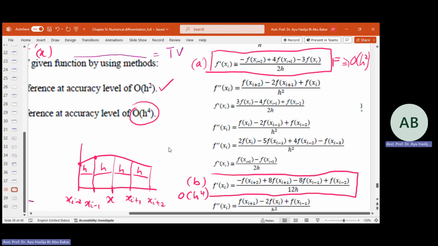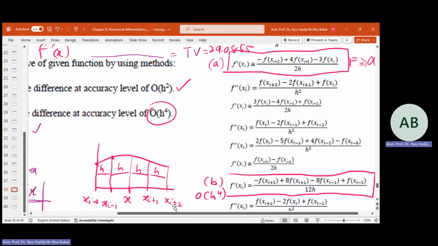Rabia, are you okay? If you get the value approaching the true value, which is 29.0855, meaning that you are on the correct path.